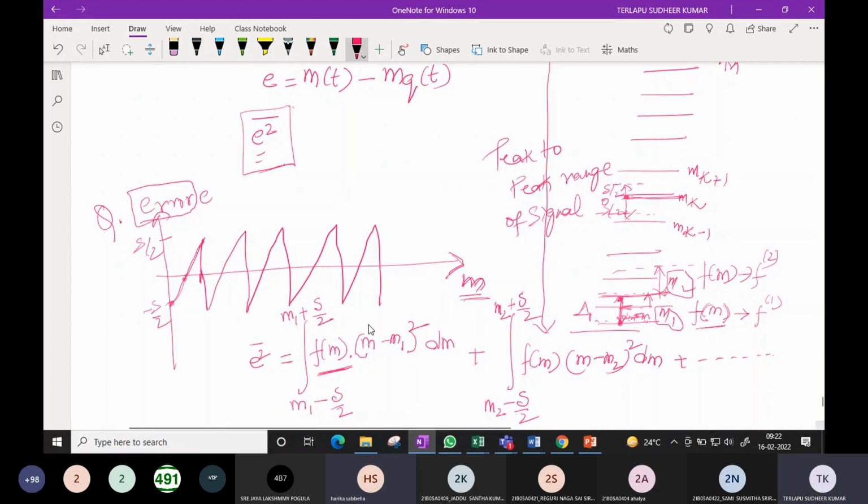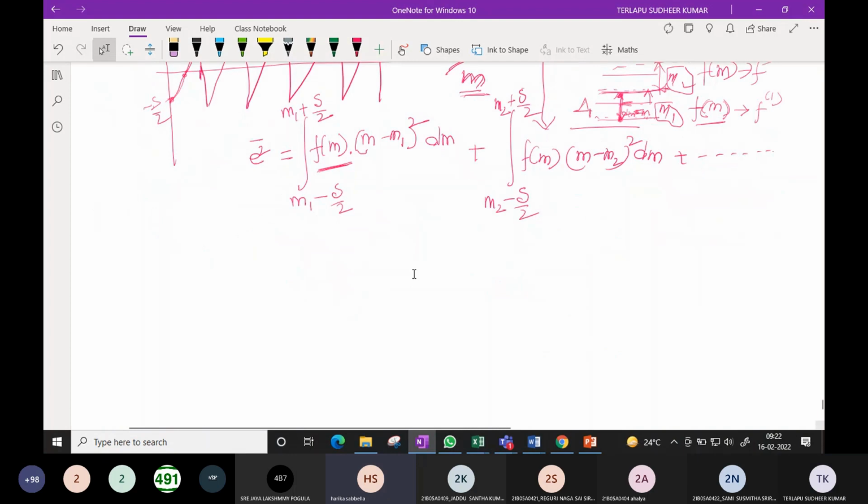So if this expression is clear, then what I do is I say my f of m for the first quantization level is f of 1. Similarly, my f of m for the second one is f of 2 and so on.